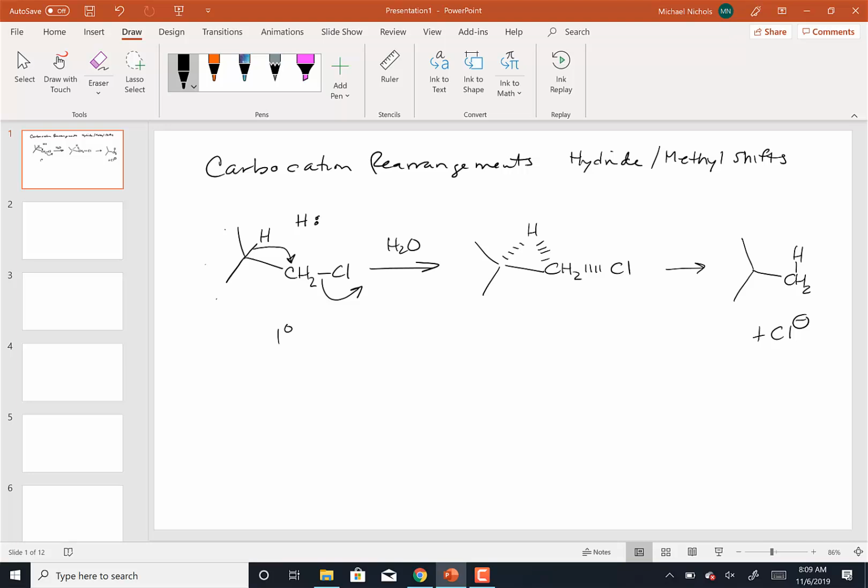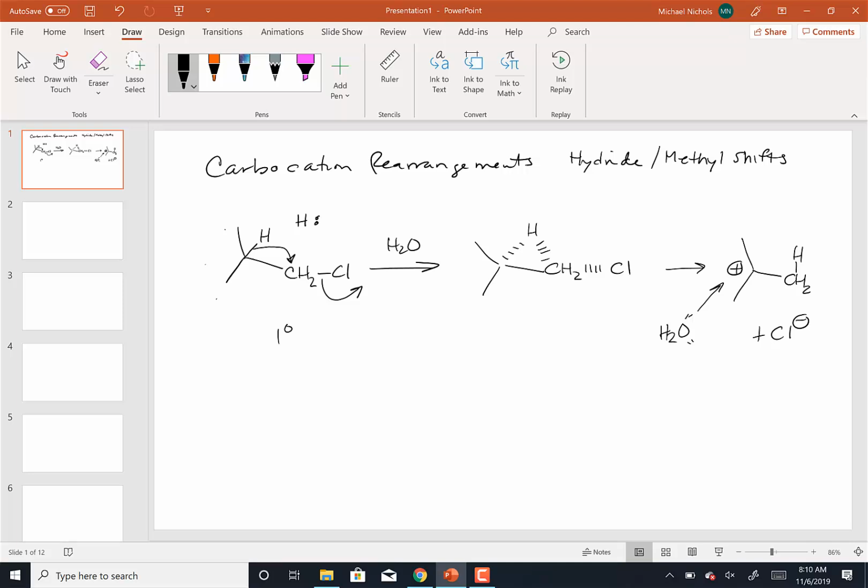Since the hydride picked up its pair of electrons and moved, that puts the carbocation in the tertiary position. And so this would be how that carbocation could then react with the water. Now you would get a tertiary carbocation. The water would come in and add to that, and you would make your alcohol.